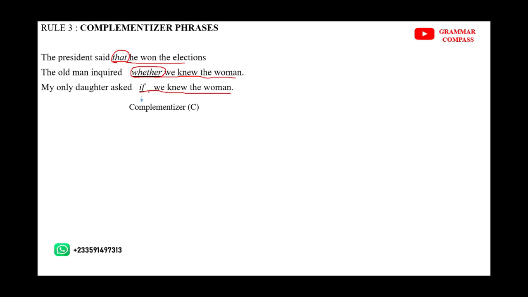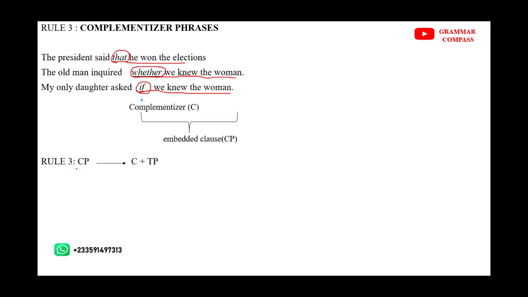Now, if we take out if, which is the complementizer, we will be left with another sentence, another tense phrase: we knew the woman. That is the meaning of complementizer phrases. So these complementizer phrases are embedded clauses in a TP, and they always begin with a complementizer. These are examples of complementizers: that, whether, if.